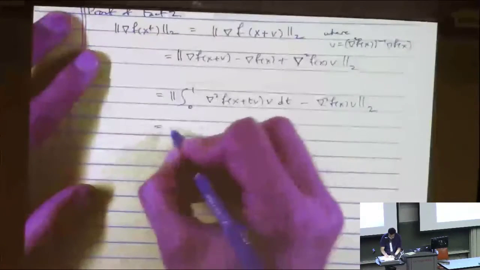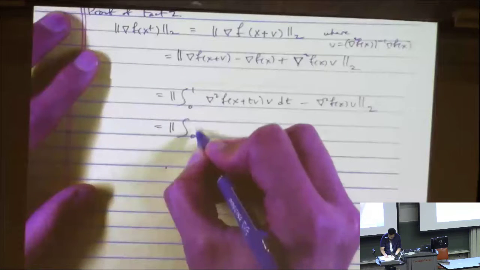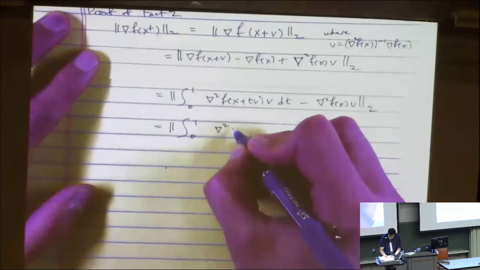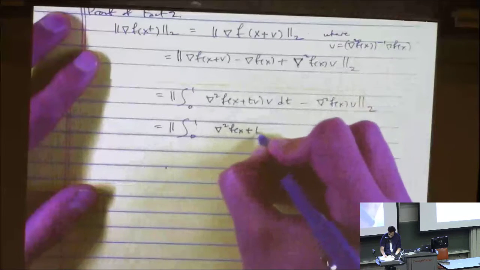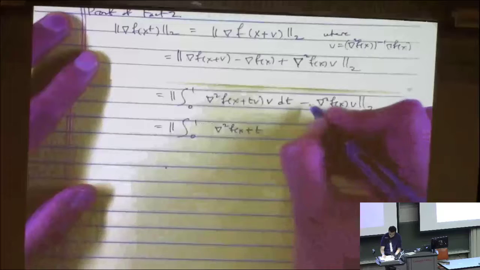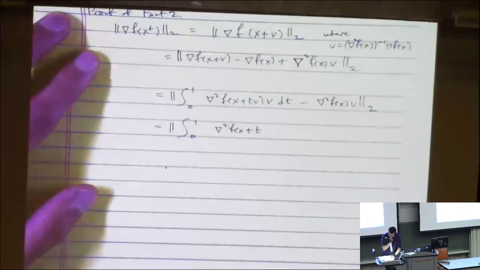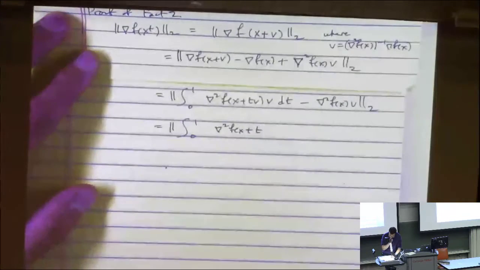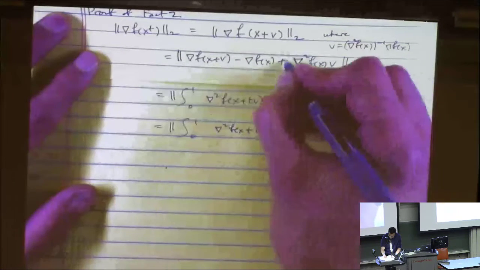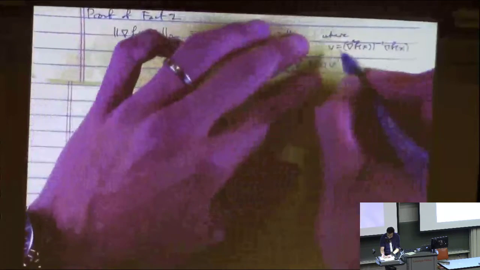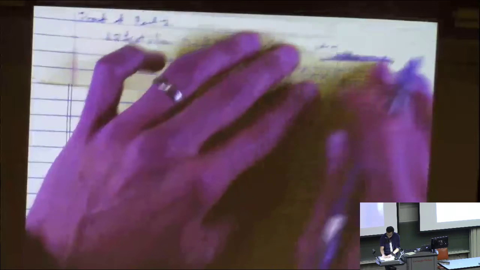Oh, here it's a plus. Yeah, thank you. So v is the negative Hessian inverse the gradient.